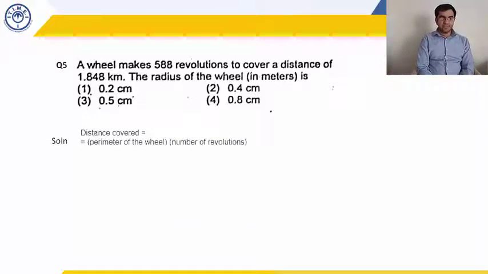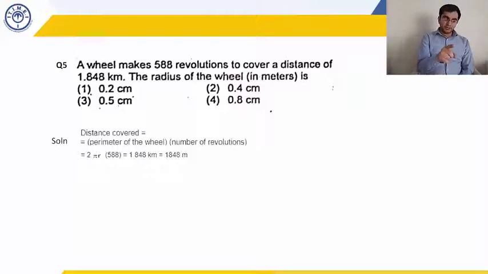So the distance covered will be perimeter of the wheel into the number of revolutions, and that should be equal to 1.848 kilometers. So that is what we get. 2 pi r into 588 is equal to 1.848 kilometers. If you solve this particular equation, you will get the value of r in kilometers.